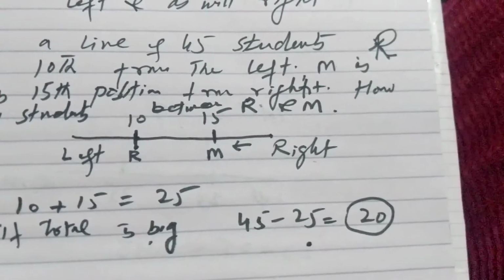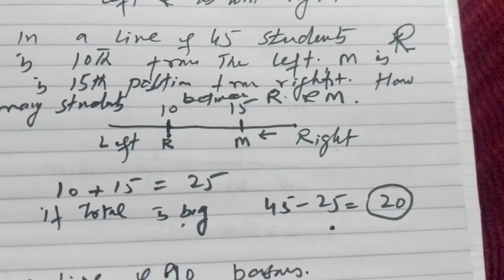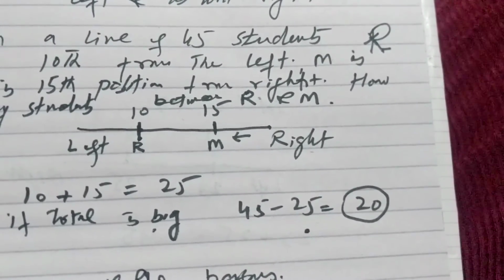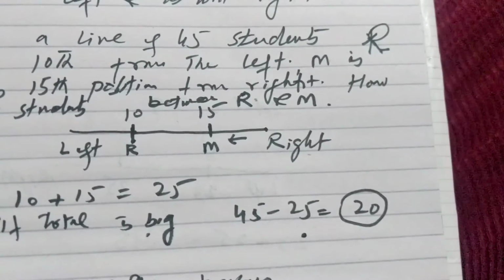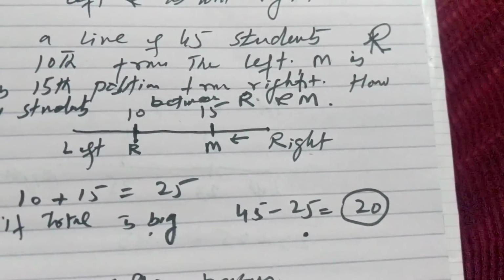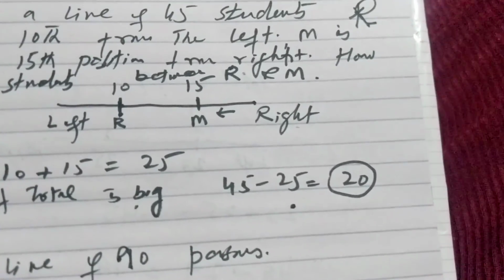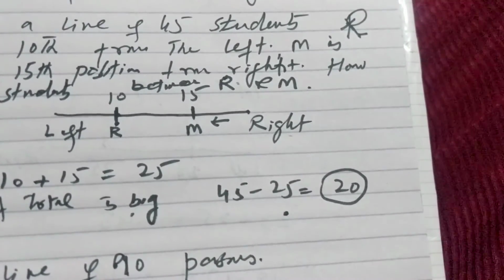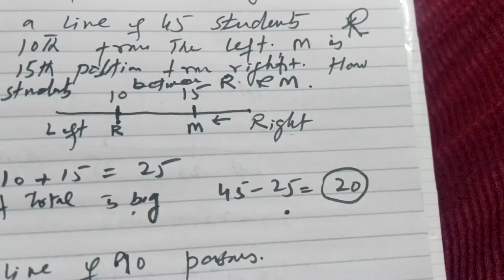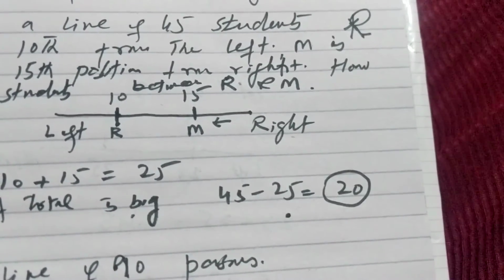How many students are between R and M? This is the left corner, this is the right corner. The positions of R and M are 10 and 15. 10 plus 15 is equal to 25. The total number of students is 45. When subtracting 25, the answer is 20.